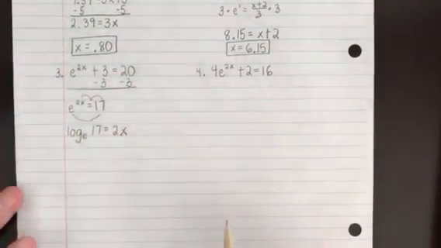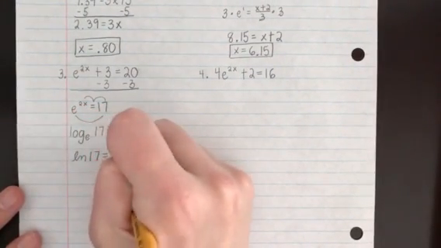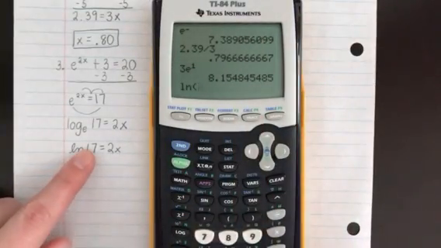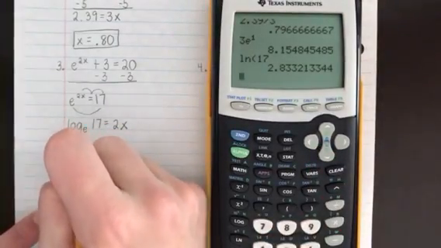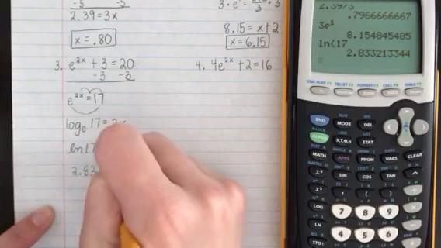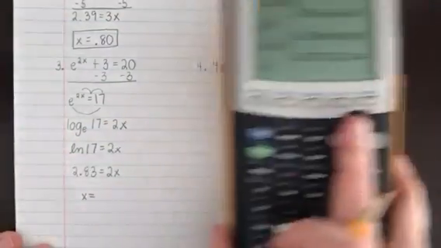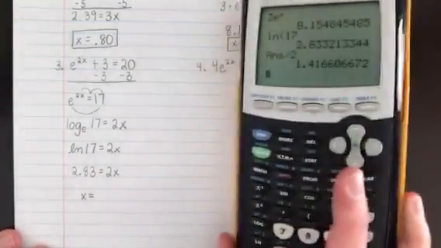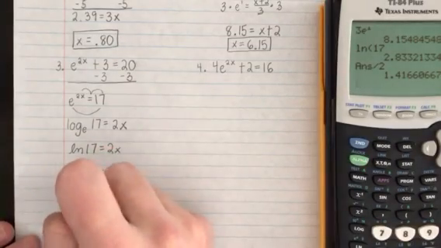Well, log base e of 17 is natural log 17 equals 2x. So I have the natural log button of 17. That gives me 2.83. So 2.83 equals 2x. Divide both sides by 2. I get x equals 1.42.